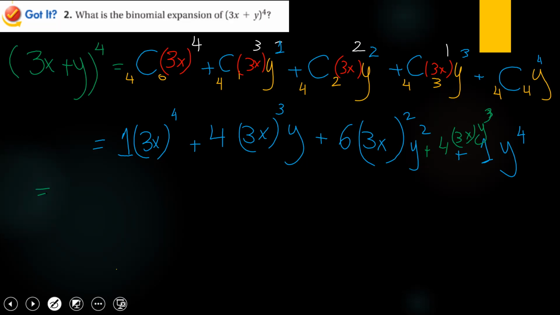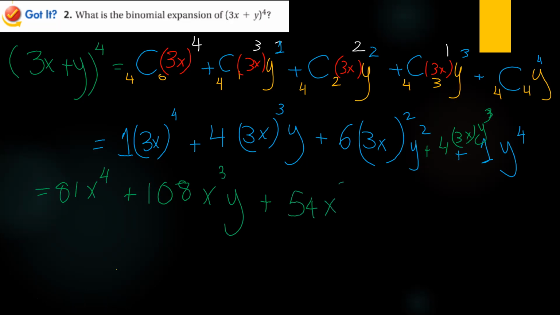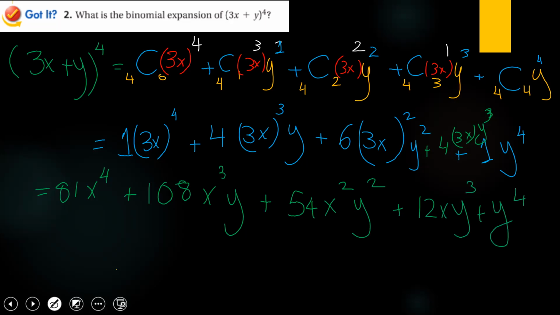So the final answer here is 81 x to the power 4 plus 108, 3 times 27 times 4, 108 x cubic y plus 3 squared 9 times 6, 54 x squared y squared plus 12 xy cubic plus y to the power 4.